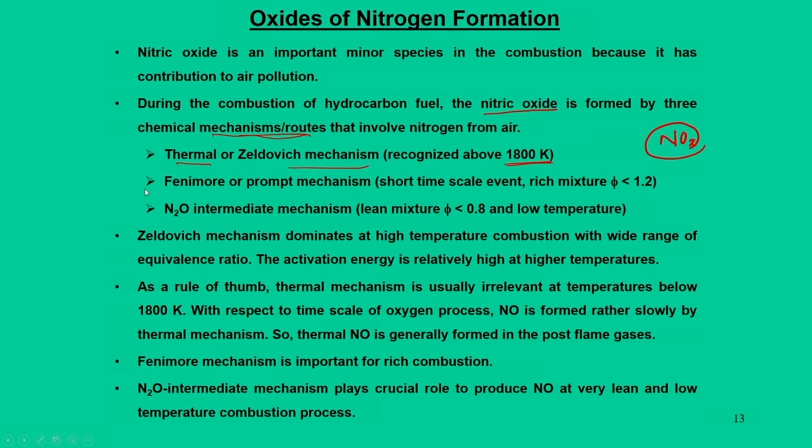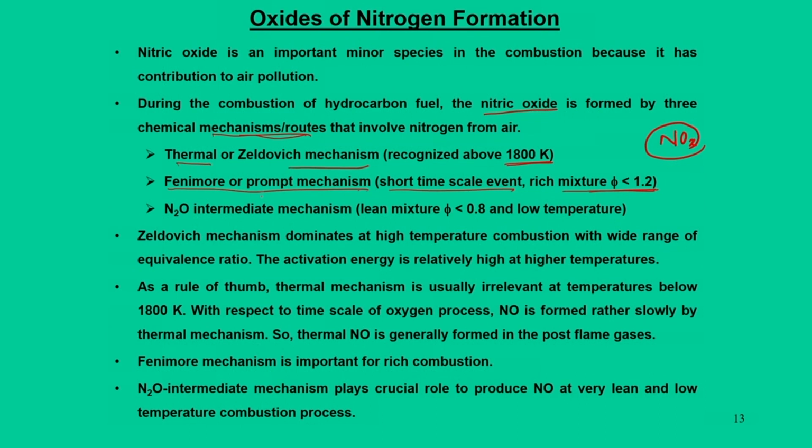For that reason, another mechanism comes in, which we call the Fenimore or prompt mechanism, and this prompt mechanism arises as a short time scale event, and it is applicable for rich mixtures for which equivalence ratio is less than 1.2. But still this is also not sufficient, because in most combustion processes the equivalence ratio is maintained between 0.8 and 1.2.